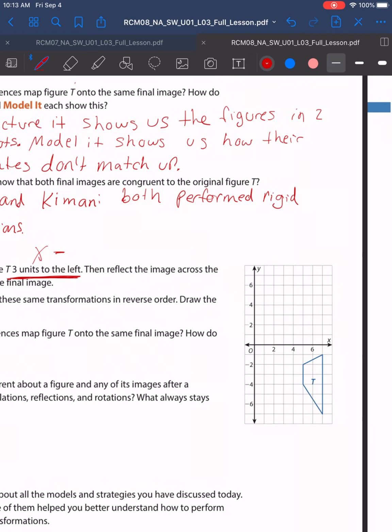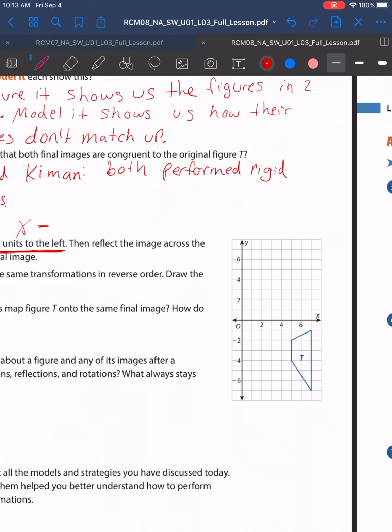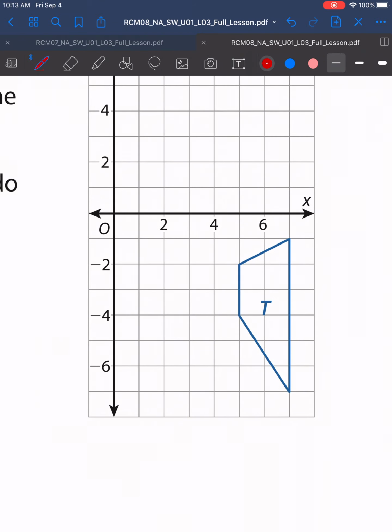Okay? So let's go do the first thing first. We're going to move it 3 units to the left. So take this guy and go 1, 2, 3. Take this guy and go 1, 2, 3. And then I'll redraw it. Okay, so here's T prime.